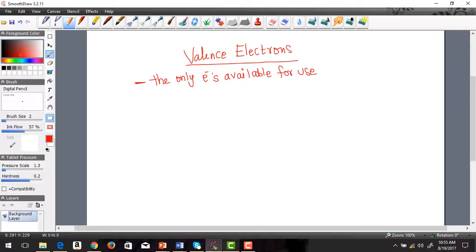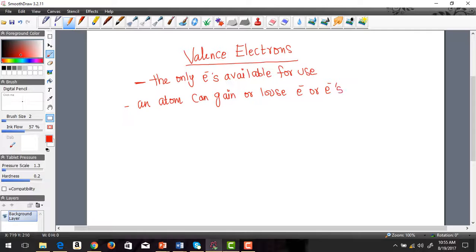So whenever an atom, the next bullet point is, an atom can gain or lose electron or electrons.